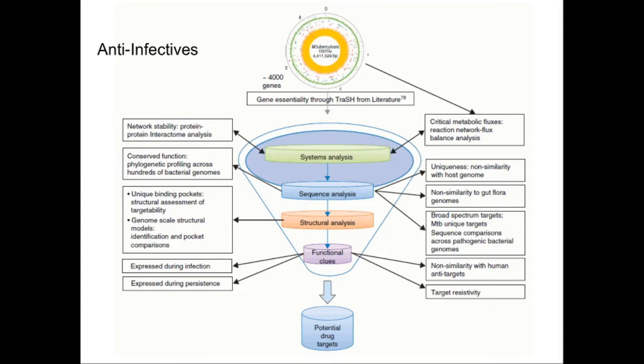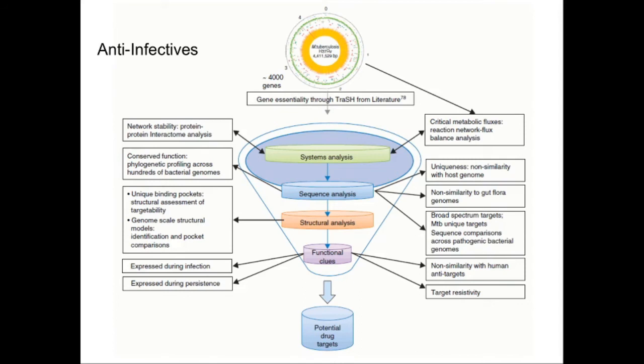So that allows us to understand how taking an element out of the network of interactions that occur between proteins, whether those interactions be direct or via metabolites, taking a protein out, how that will affect the network.